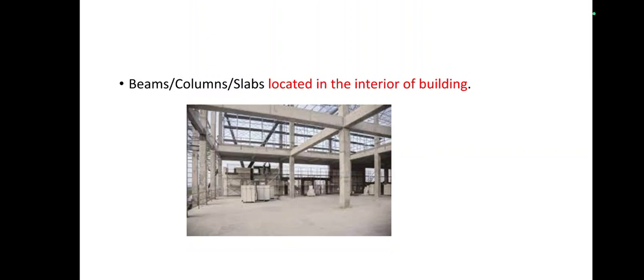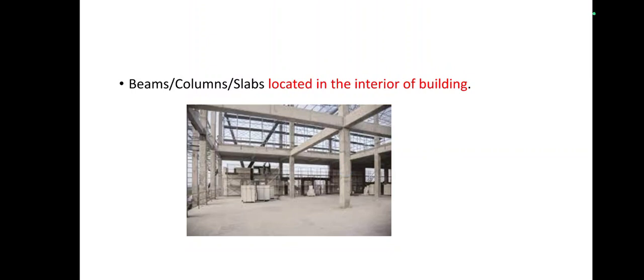And the next one is the beams, columns and slabs located in the interior of the building. The last preference is almost given to the interior beam and column. So whenever a person visits a building, we should follow this order. Mainly the outside terrace, which is always wet with water stagnating. The second one is the thin structures.